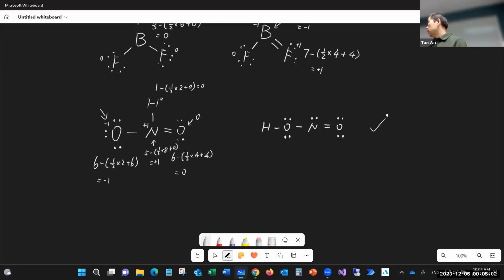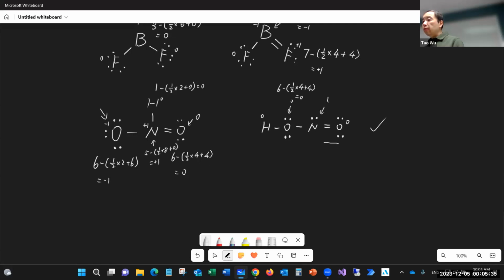So this is a structure like this. This oxygen is 0, because the structure is exactly like this. Hydrogen is also 0, because it only combines with one single bond. The oxygen over here is also 0, because that's 6 minus 1/2 times the number of electrons in the bonds, that's 4, plus 4 electrons not in bonds, so that's 0.